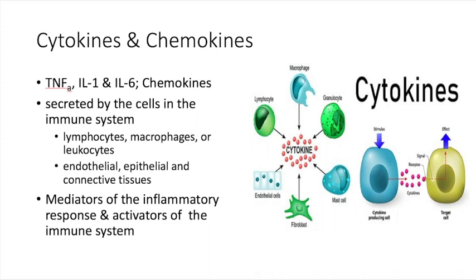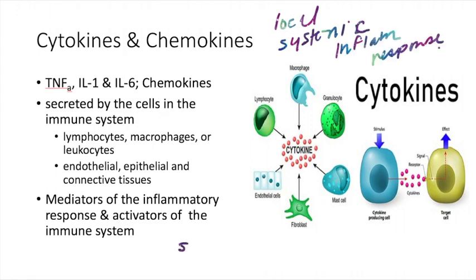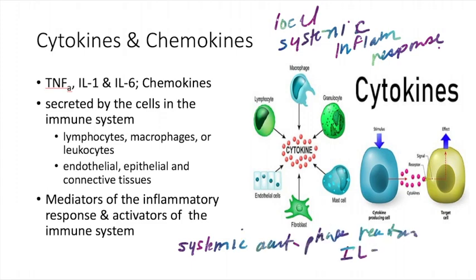The other things are involved in the local as well as in systemic inflammatory responses. So when we're talking about systemic, we talk about acute phase reactants: interleukin 1, interleukin 6, and TNF are all acute phase reactants.